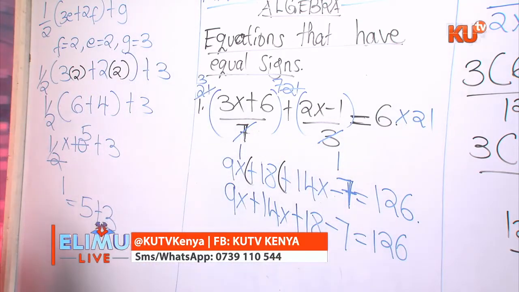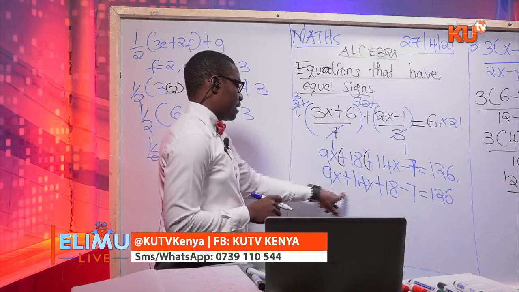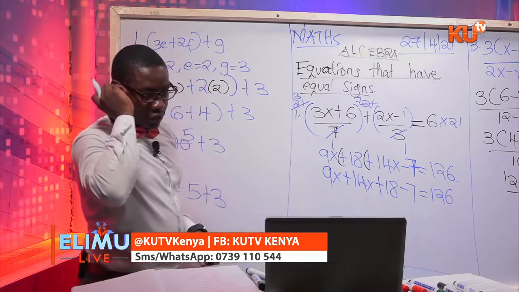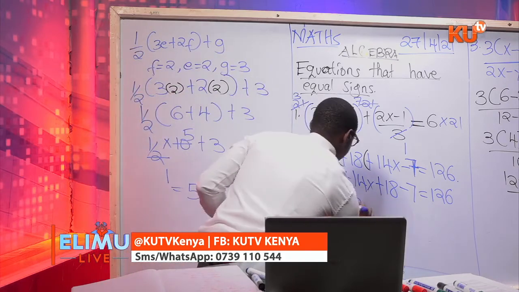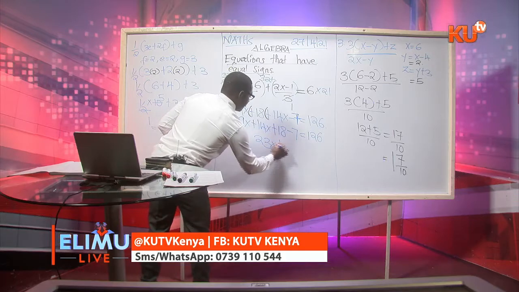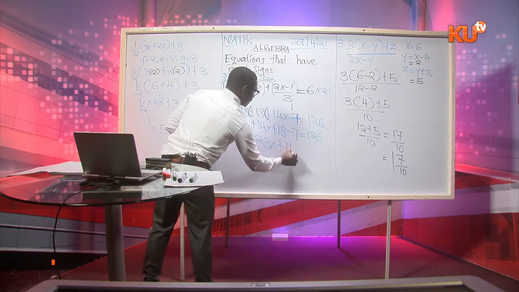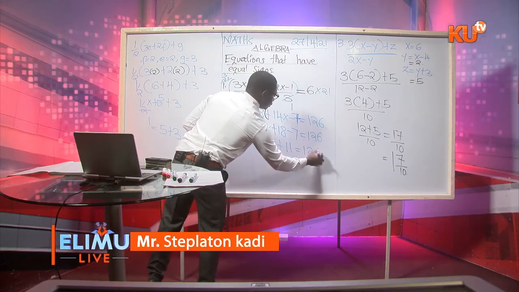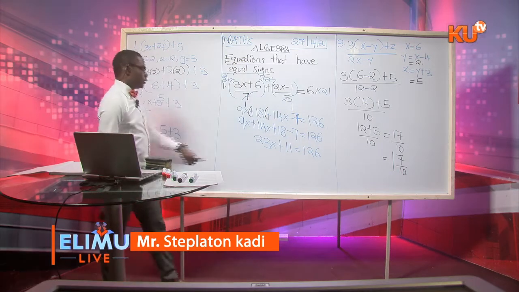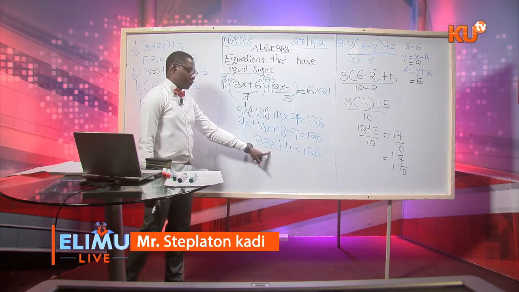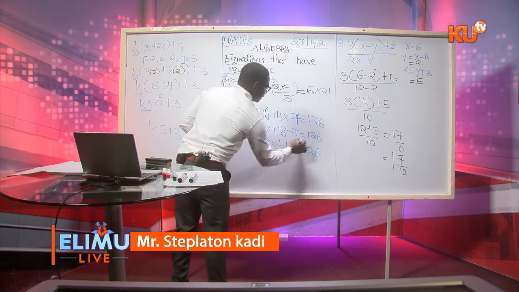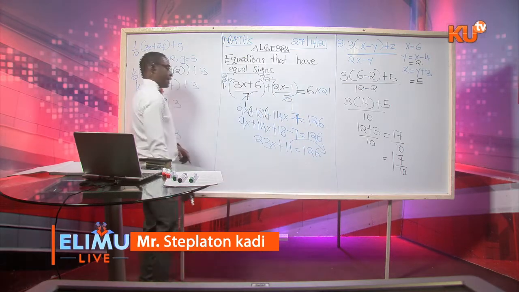We collect our like terms, 9x plus 14x, so we have 23x plus 18 minus 7, that is 11, is equal to 126. If you want to remain with the value of x on one side, the number will cross the equal sign.